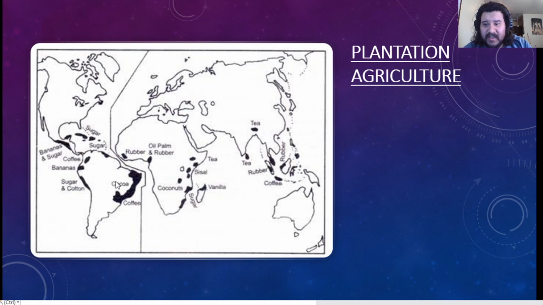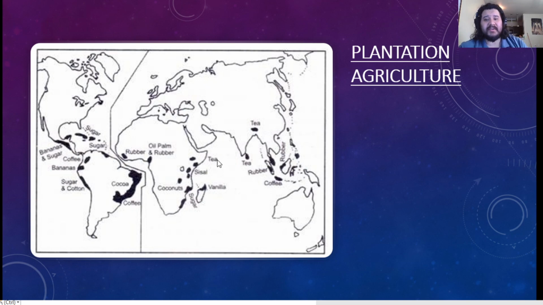All right, we can notice here we're looking at things like sugar, bananas, cotton, coconuts, vanilla, all things that go into quality of life conditions that are not necessarily needed to survive, right? To subsist. More than that, a lot of these products, you think of bananas, coffee, these are very sensitive products, right?